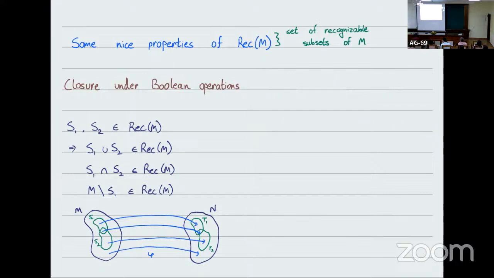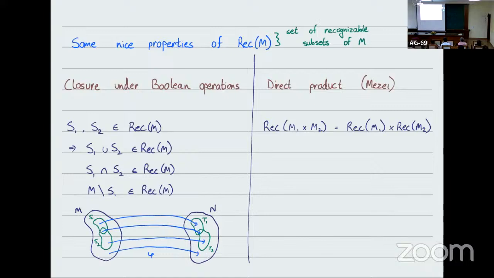For this, you need both S1 and S2 to be recognized by the same monoid. But you can probably build a product, maybe combine them. And we have this nice distribution over the direct product.